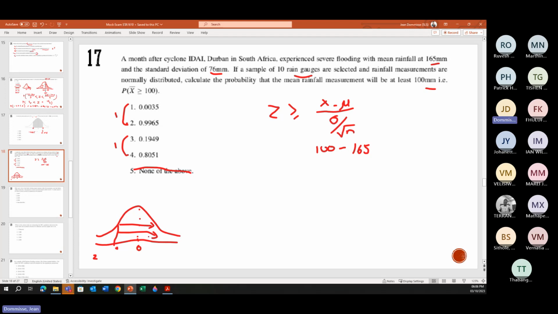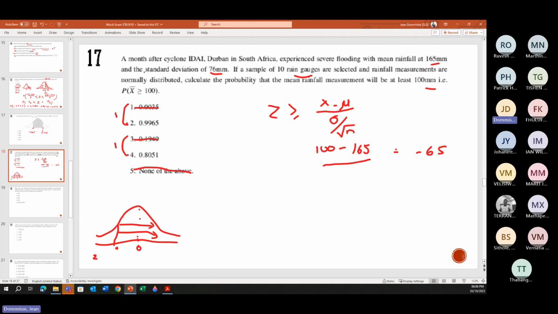Just by looking at that component, that is going to be minus 65, it tells me I'm going to be at the negative side. So I'm going to have a probability value that's bigger than 0.5. So not that one, not that one, but I still don't have the faintest idea which one of those two.